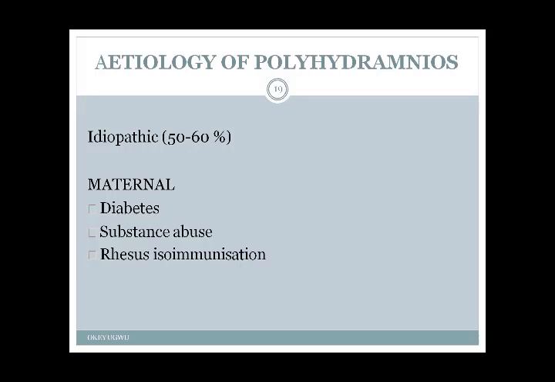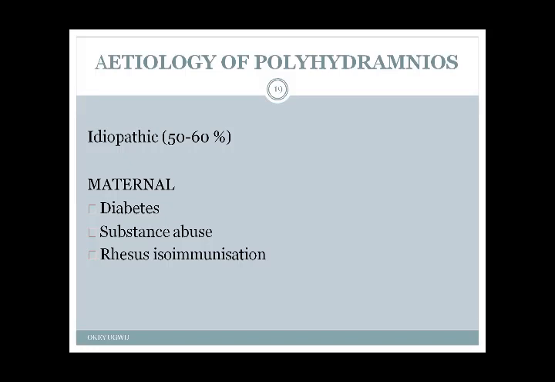It will become macrosomic, and the mother will also develop the features of polydipsia and polyuria. So this polyuria can lead to polyhydramnios. So polyhydramnios in a mother can be a feature of uncontrolled diabetes. In that aspect, polyhydramnios gives us a clue about how well the mother's diabetes is controlled. So it's not only a feature of maternal diabetes, but it can be a prognostic factor as well.